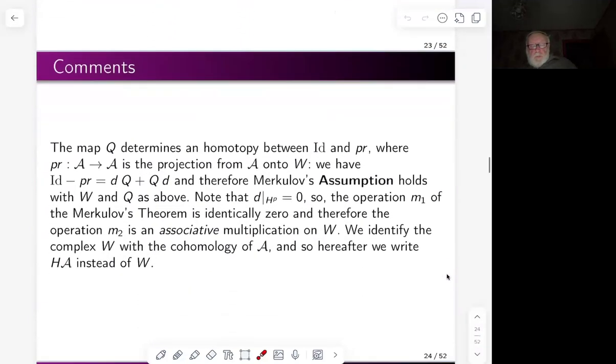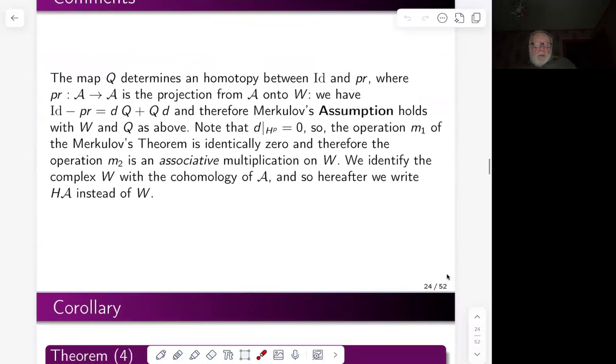Now, a few comments about this. This map Q defines a homotopy between the identity and the composition of the projection from A onto this subcomplex W. So we have identity minus projection equal to the anti-commutator dQ plus Qd.